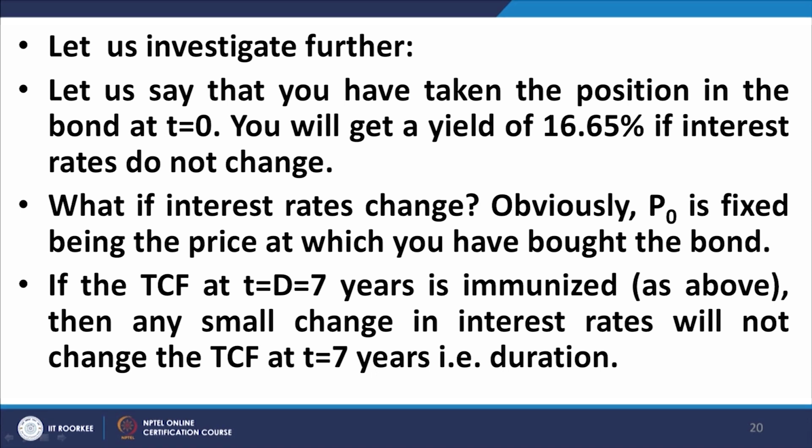Then you are entitled to a return of 16.65% on your investment in the bond at t equal to 0 at this YTM. However, what happens if the interest rates change? Then obviously P0, the price at which you have taken the bond at t equal to 0, is fixed. You have already done that. That is in some sense a fixed cost.